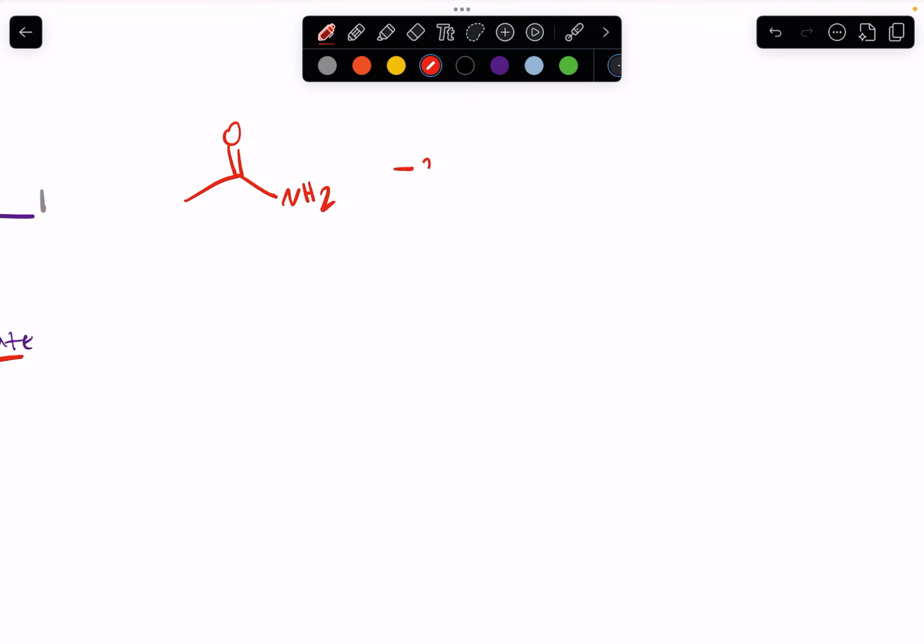So that's a pretty easy one. But there are some weird conventions when it comes to naming these. So let's say that you had something like this. You can add different alkyl groups onto your amide.